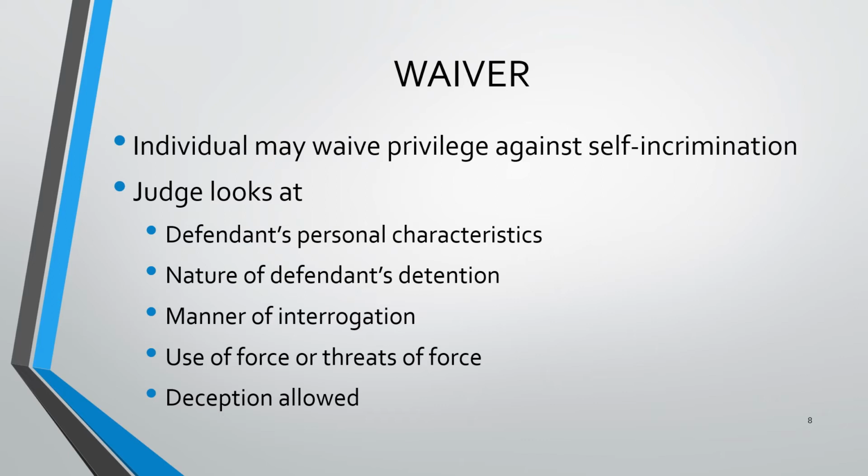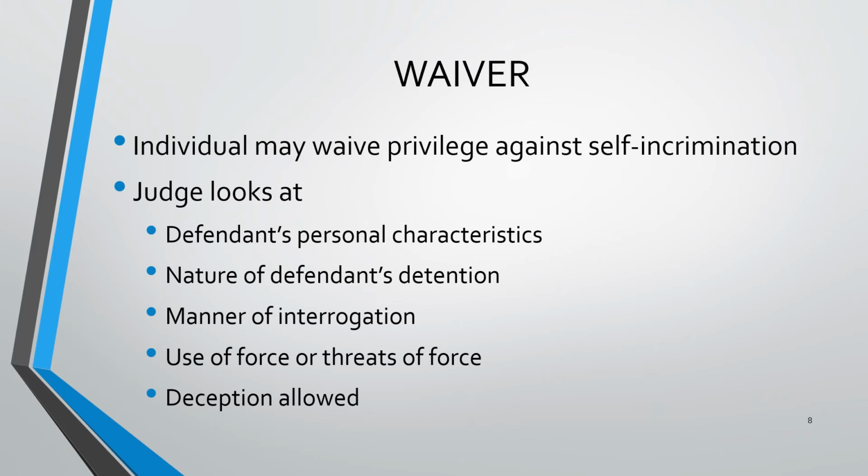That is, whether the confession was the product of an essentially free and unconstrained choice by its maker. The voluntariness of a confession is generally determined by the totality of circumstances in each matter.